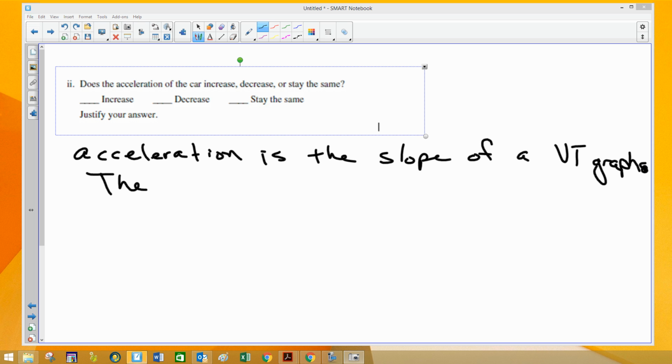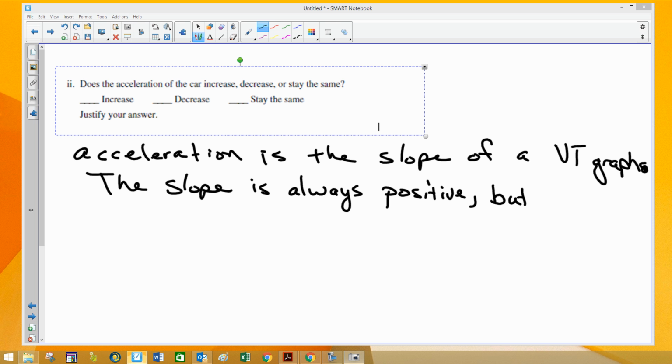The slope is always positive, but becomes smaller as time increases.